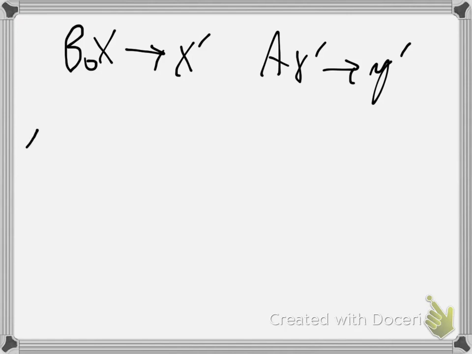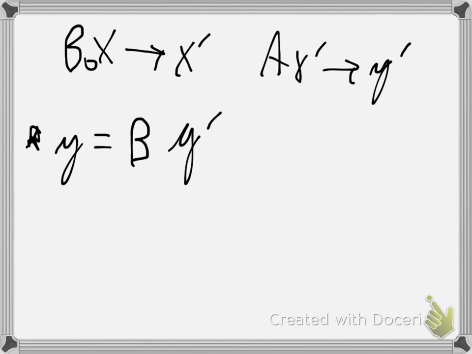Then you want to find the vector according to the new basis, and for that you multiply your vector by the inverse of the matrix that contains the vectors of the new basis.